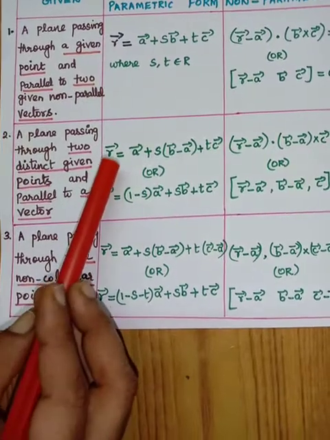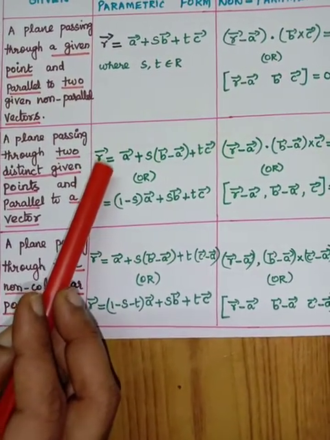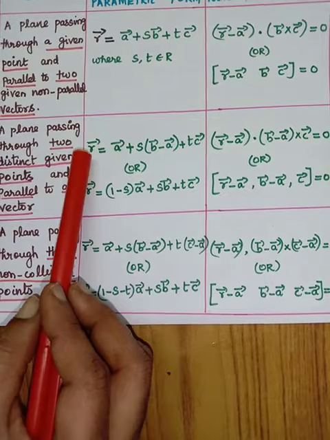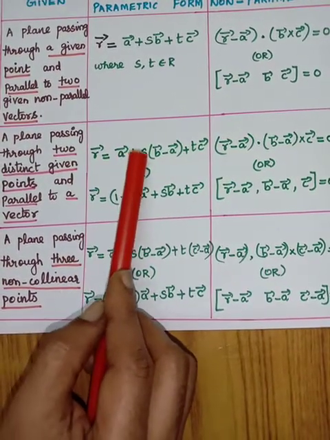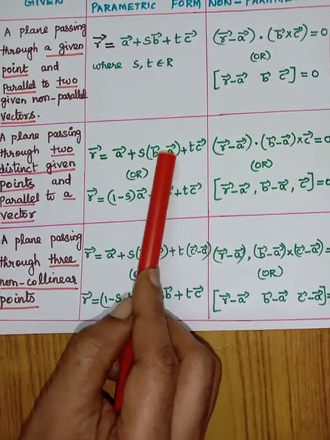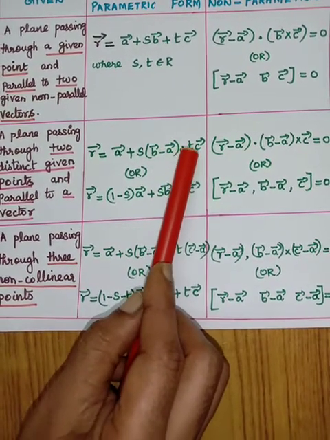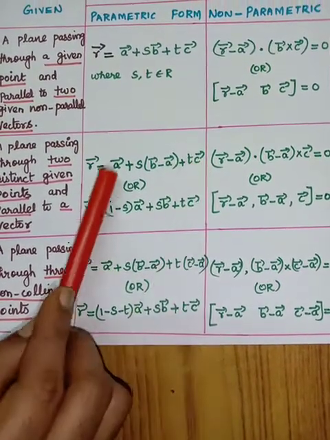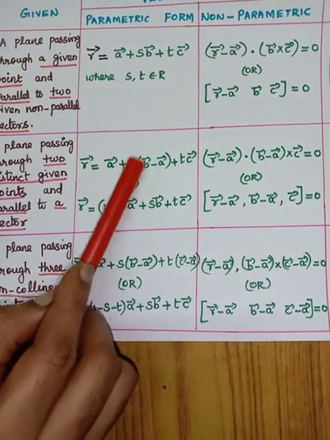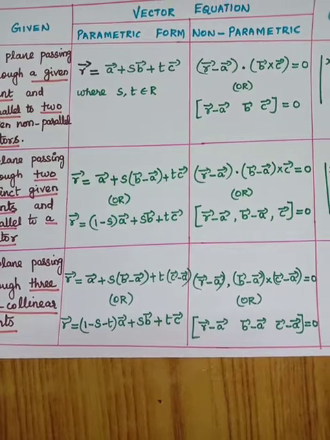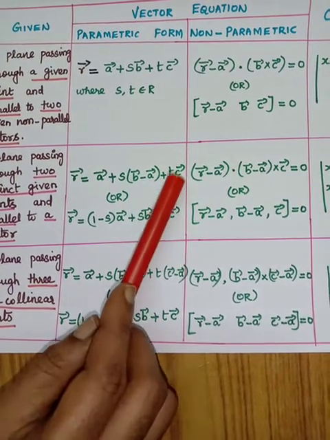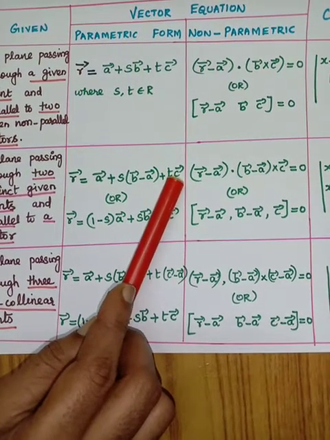The vector equation in parametric form is r vector is equal to a vector plus s into b vector minus a vector plus t into c vector. Here your a vector and b vector are the position vectors of the passing points of the plane, and c vector is a parallel vector to the plane.